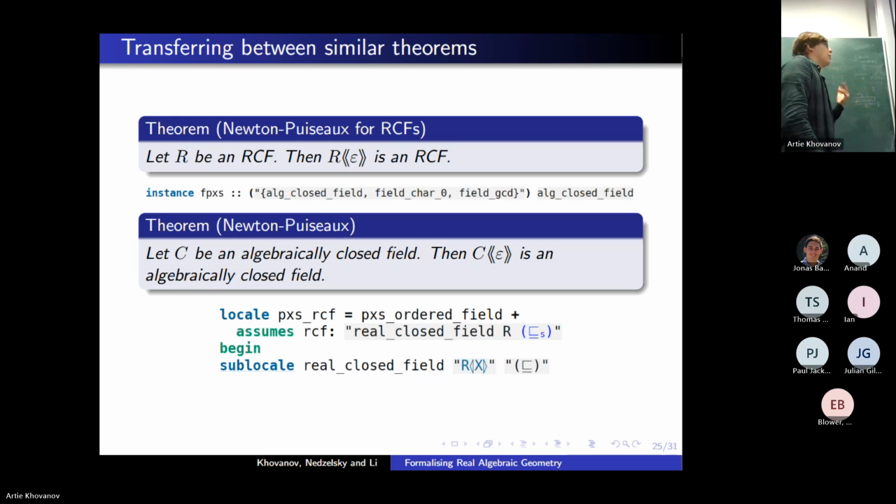Basically this theorem depends on a vast generalization of Hensel's lemma, which basically says that if I have R down here and then R, the Puiseux series up here, and if I have a polynomial up here with a factorization, then I can take this and find a factorization down here of some polynomials, for instance with the same degree or something like this. That's basically what Hensel's lemma says.